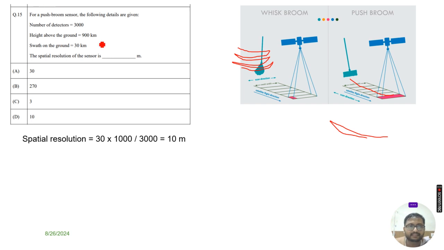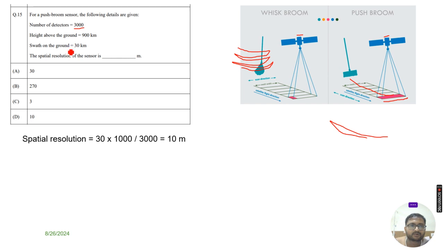Here we can see that sensors will be on the satellite. How many detectors do we have? 3,000 detectors are there. Now the swath on the ground means how much area it is covering. The area you are seeing here is 30 kilometers, and this is the number of sensors available.